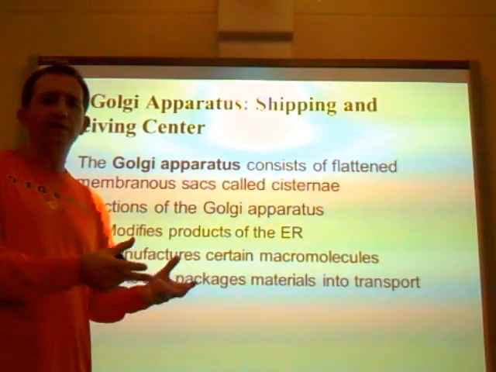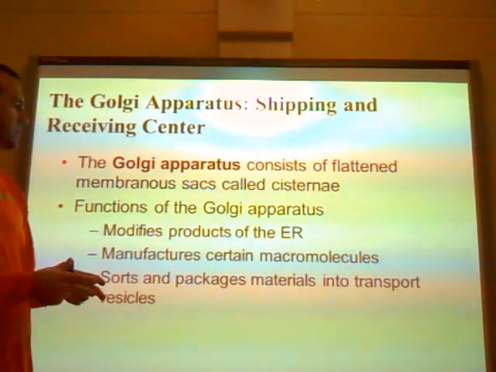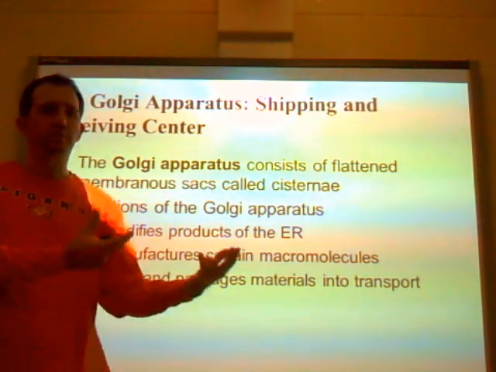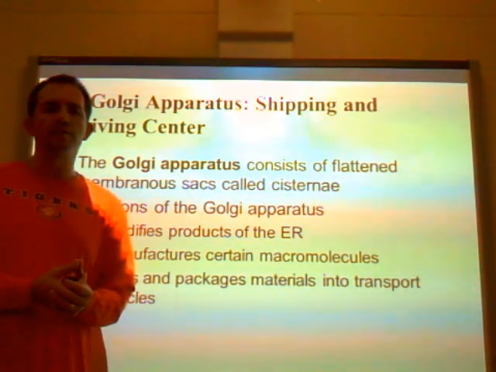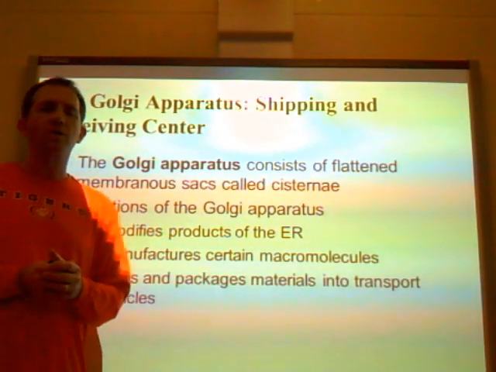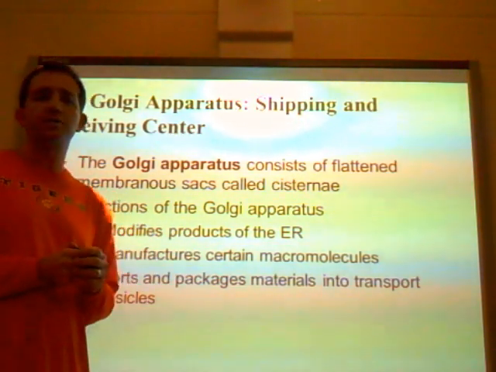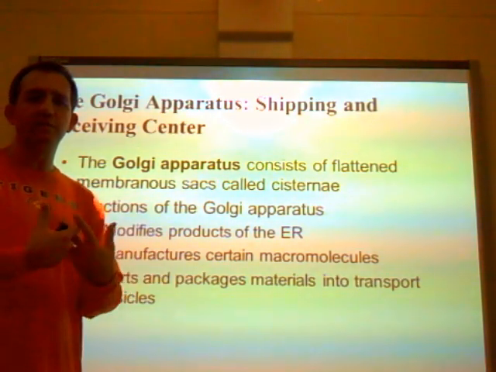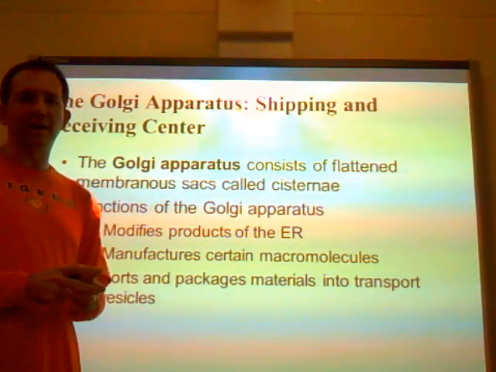Then what will take place in the Golgi apparatus is, whether it's a lipid, whether it's a protein, whatever the case may be, whether it's coming from smooth or it's coming from the rough ER, when it arrives at the Golgi apparatus, its function is to take what has been delivered to it and modify it.